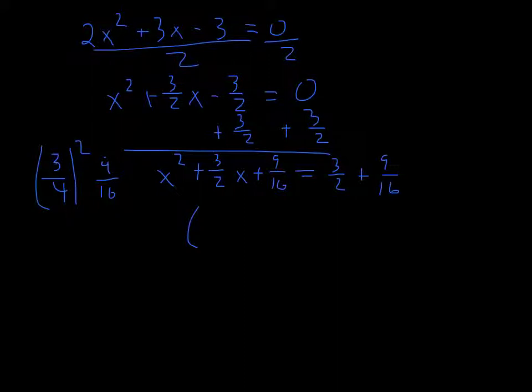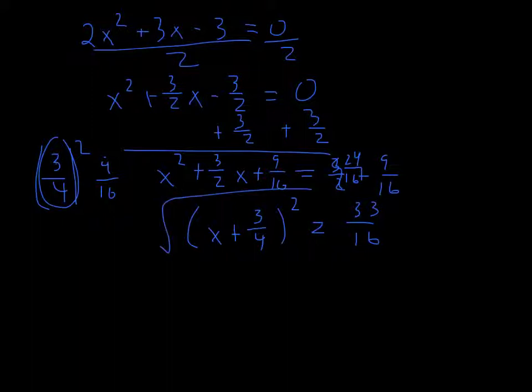And then that's going to turn into (x + 3/4)² = 3/2 + 9/16. Common denominators are 16, so this is times 8 here. So 3/2 times 8 is 24/16, right? So 24 and 9 is 33/16.